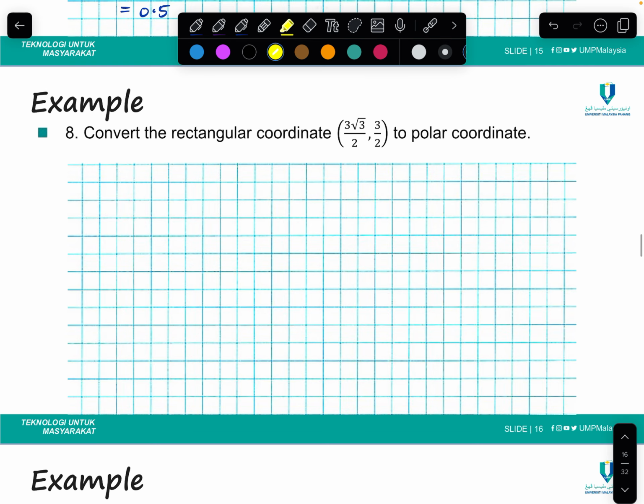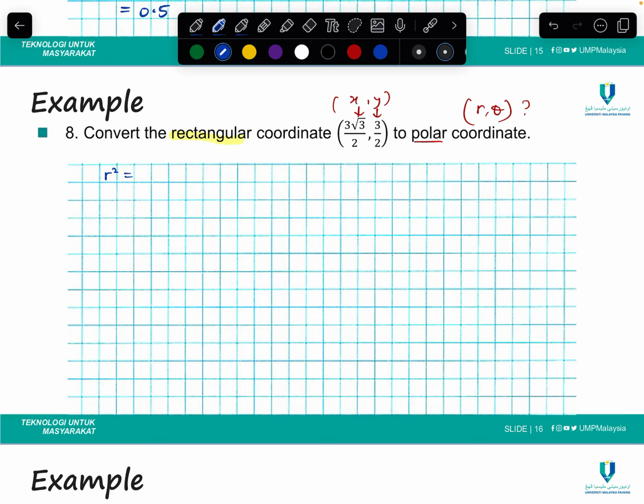Example 8, convert the rectangular coordinates, meaning that the elements here are (x, y), to polar. You need to represent the answer in (r, theta) format. So what formula can we apply here? We need r and theta. We need to use the formula r squared equal to x squared plus y squared.